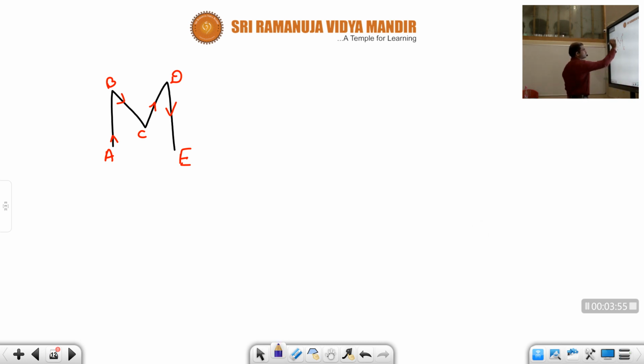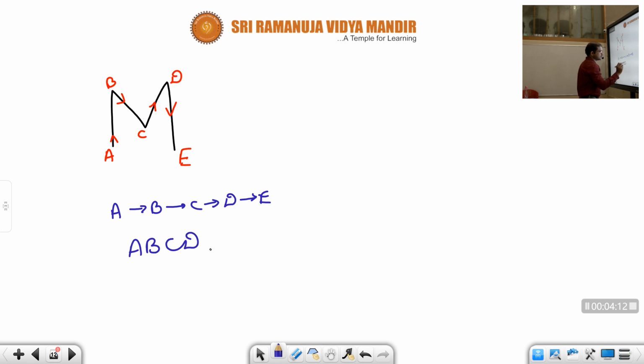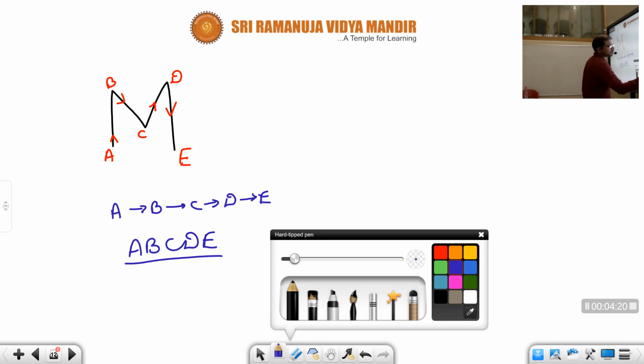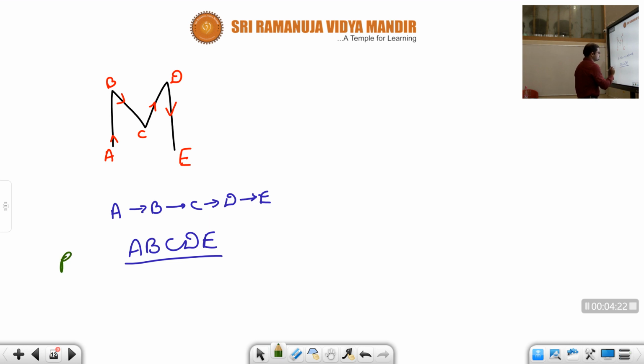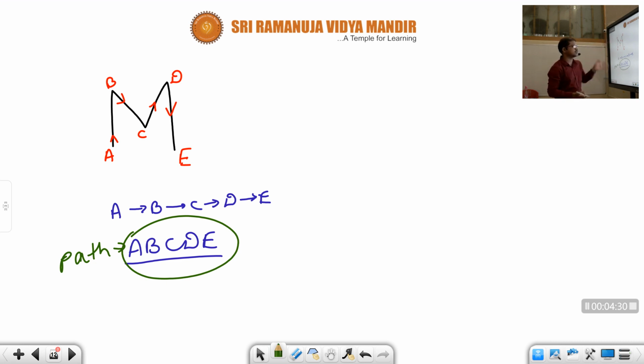It is moving first from A to B, next B to C, next C to D, and D to E. This entire thing you can simply write like this: A, B, C, D, E. This is the path for the particle in the above case, the path traced by the particle which is in motion.